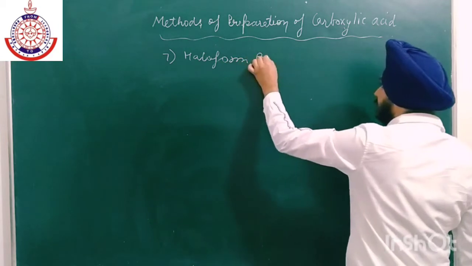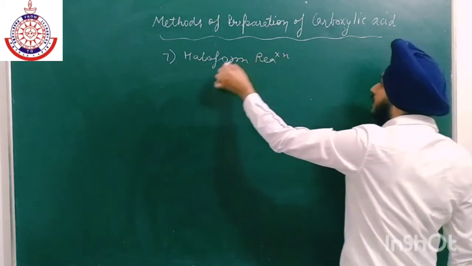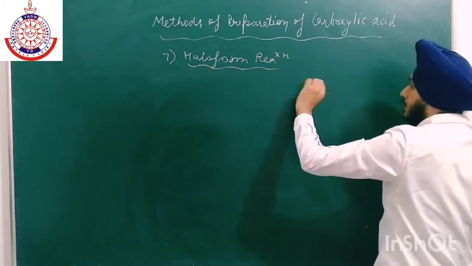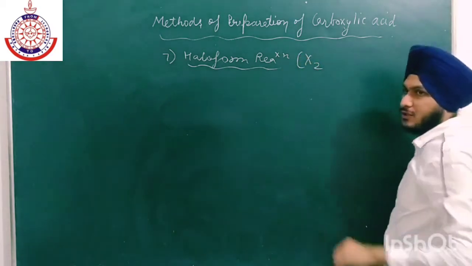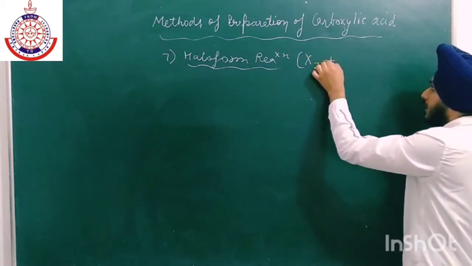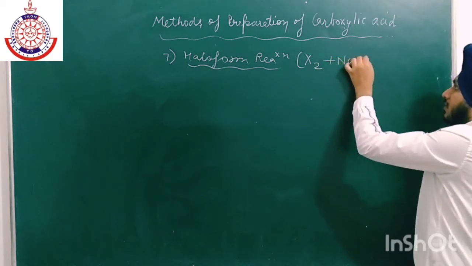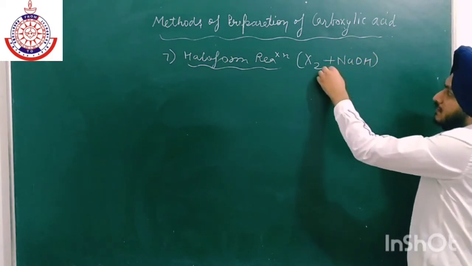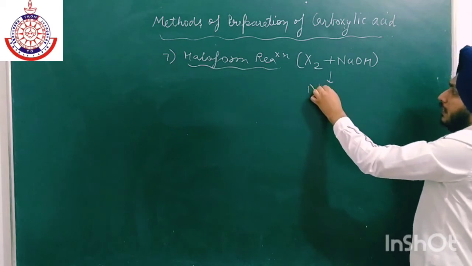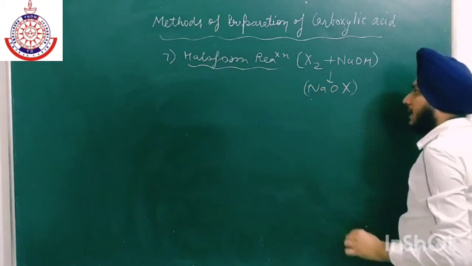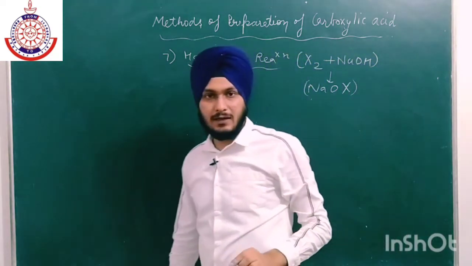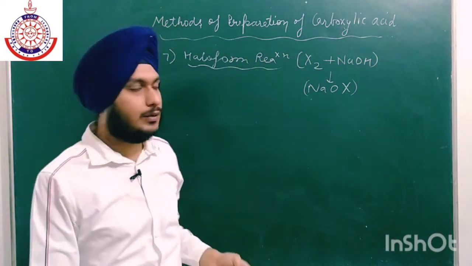Now, what is this reaction? Haloform will form. We have to use X2, where X2 is any halogen, plus NaOH. Firstly, this X2 and NaOH will react to form NaOX. So this NaOX will react with aldehyde or ketone.